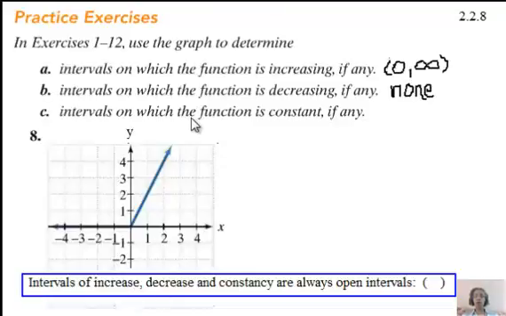Now in part C, we want to find the intervals in which the function is constant, if there are any. When a function is constant, it will resemble a horizontal line in any interval where the function is constant.